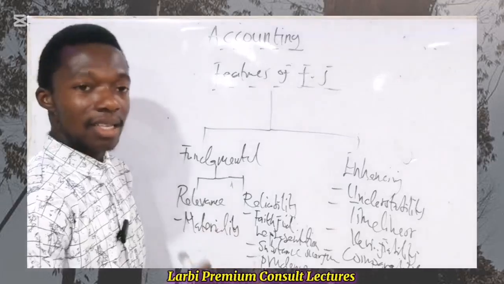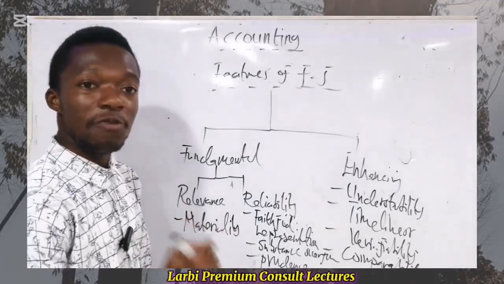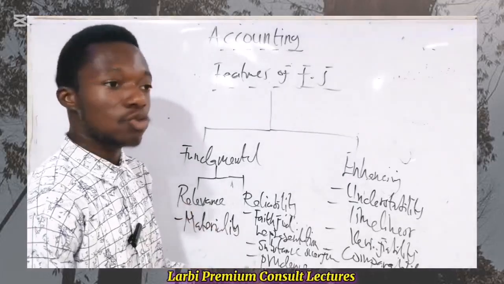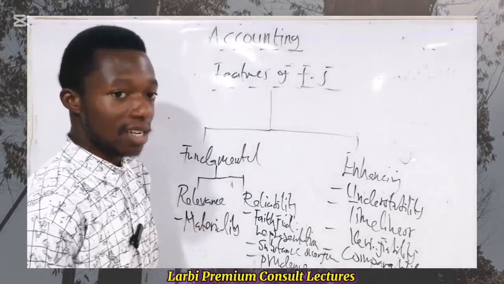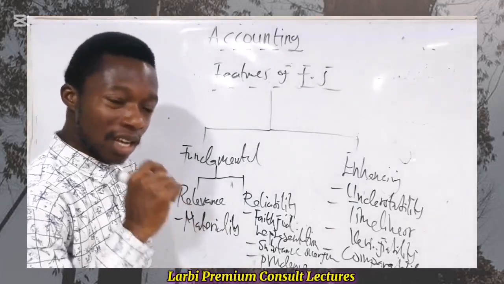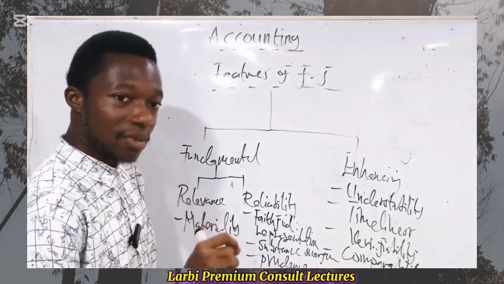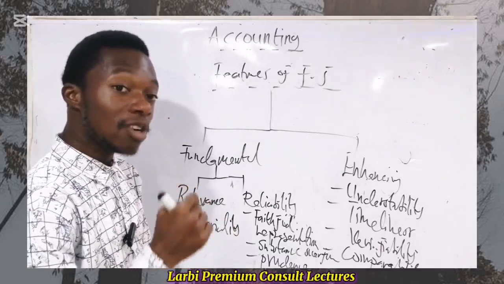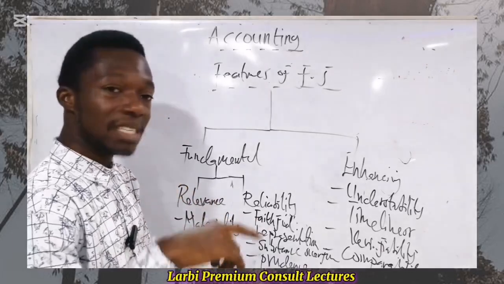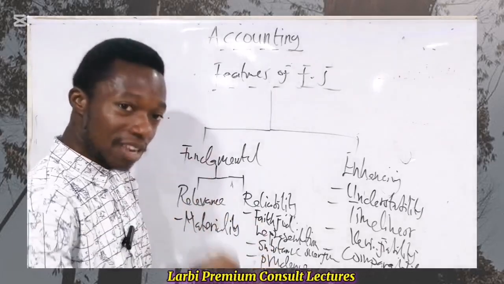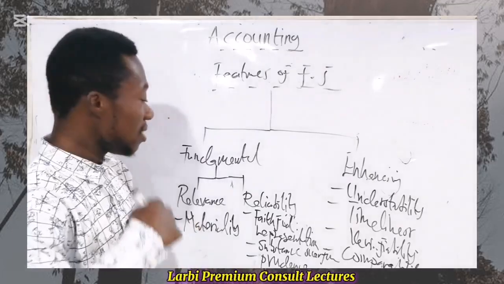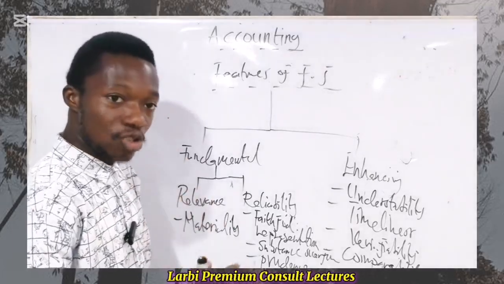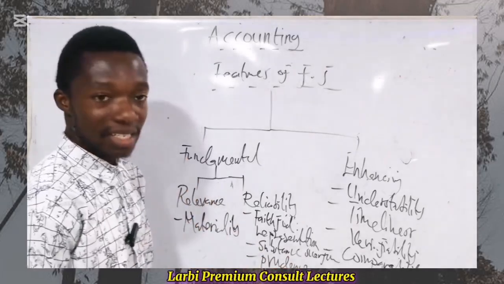It means that the information is supposed to be able to influence the decision that users will make as per the financial statement. If the financial statement has a feature of relevance, then users' decisions should be able to be influenced by the financial statement.